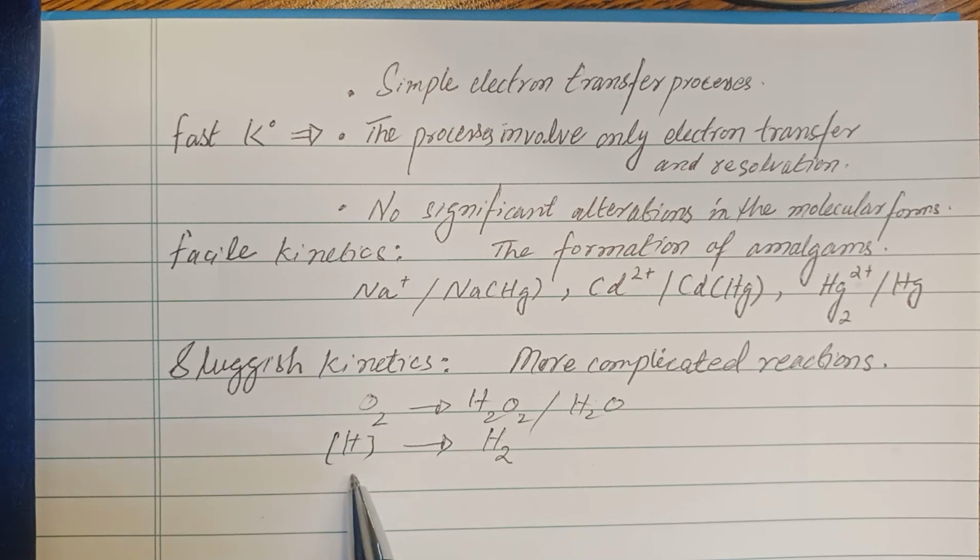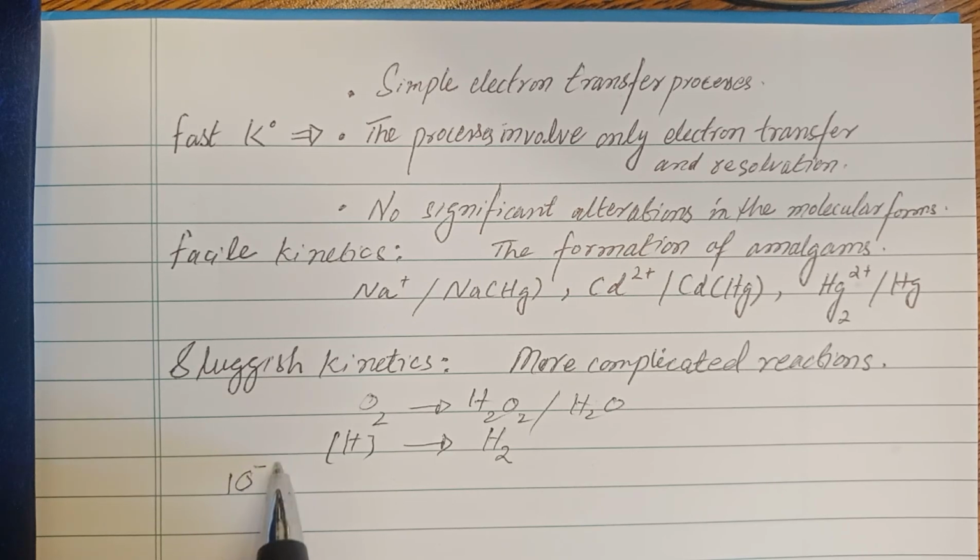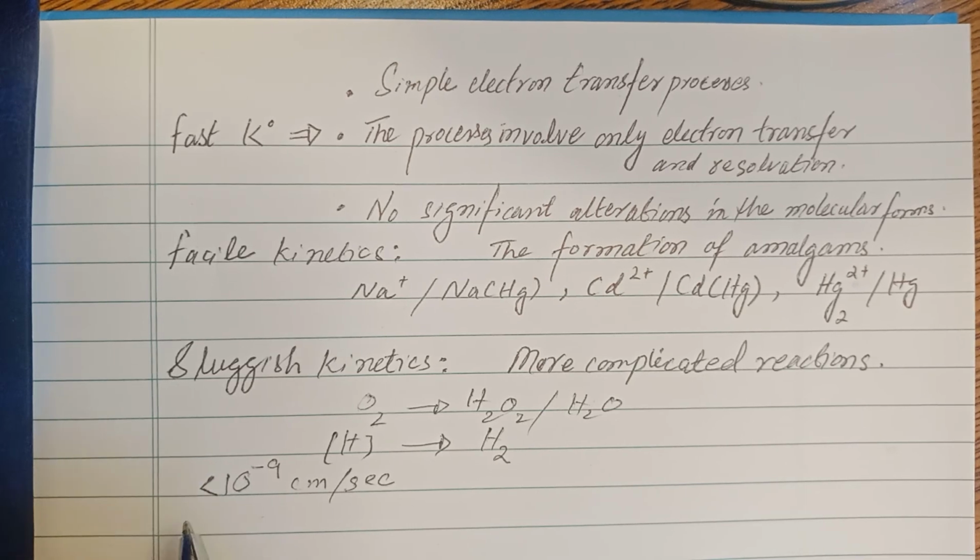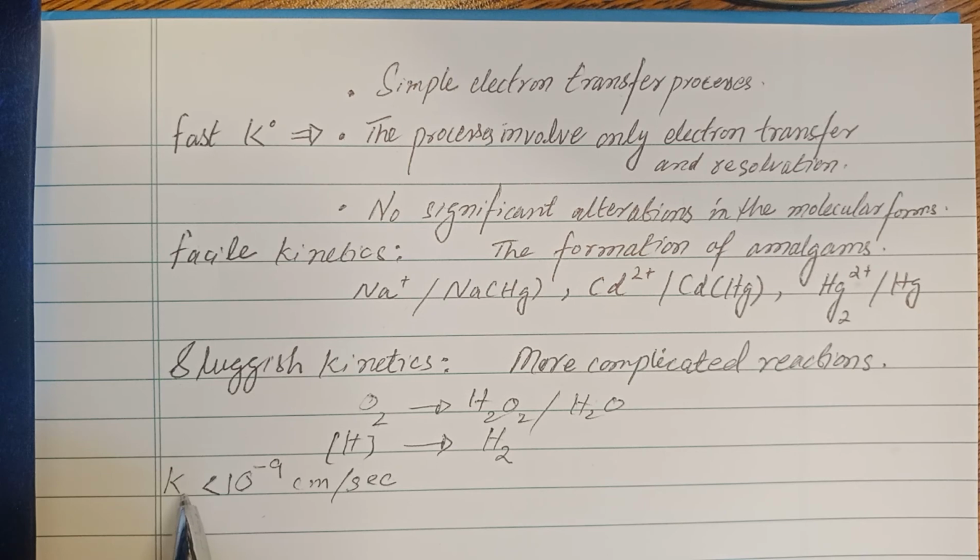Here this one is the monoatomic species, also known as nascent hydrogen, that is reduced to molecular hydrogen, a diatomic molecule. For these kinds of sluggish reactions, the value of rate constant is around 10 to the power minus 9 centimeter per second. Even for some cases it is less than this value.